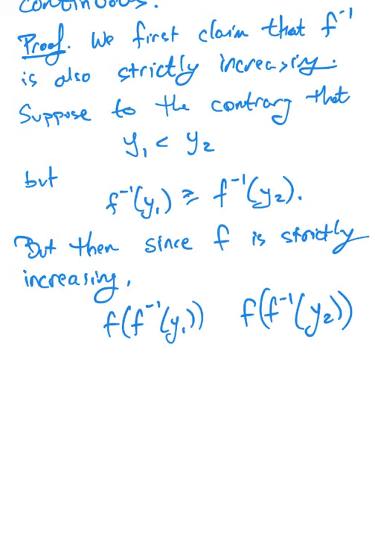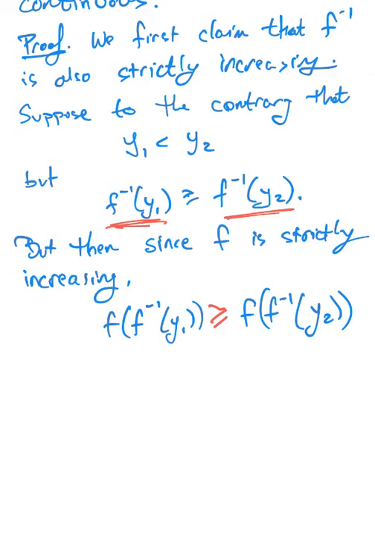Up here, I'm just using the definition of strictly increasing. So if f inverse of y1 is actually greater than f inverse of y2, then I'm going to get f of f inverse of y1 greater than f of f inverse of y2. But then I have to make this inequality weak, because if f inverse of y1 equals f inverse of y2, then when I apply f, of course, the values are going to be equal as well.